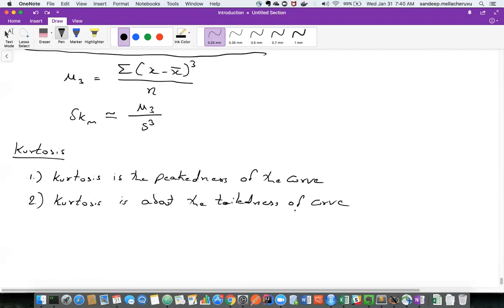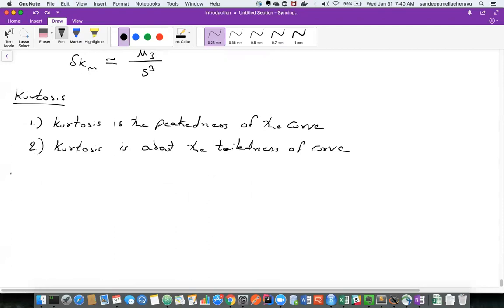If there is no peak, there is a bigger tail. I'll show you how. Of course, tailedness is more accurate because the formula for kurtosis is based on the tailedness. That is the reason why statisticians fight about this particular definition. But that's okay. For us, both are the same.